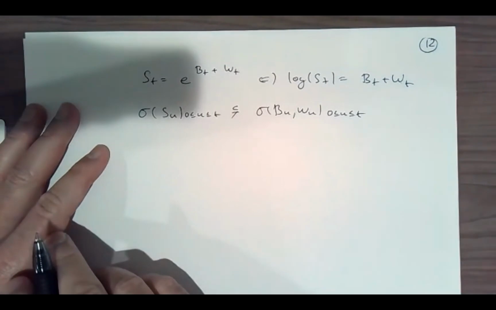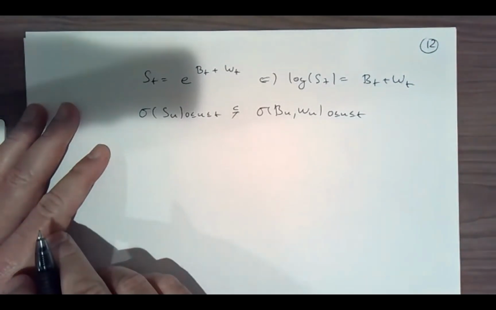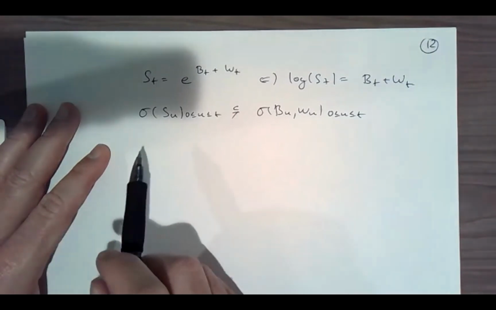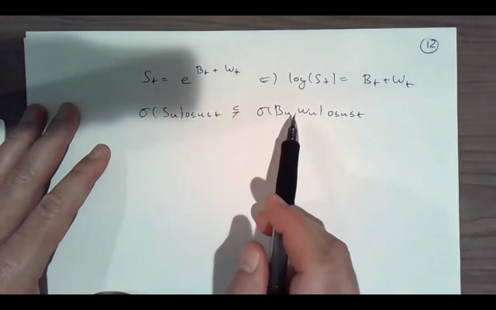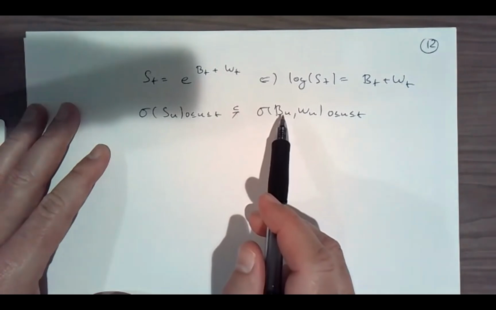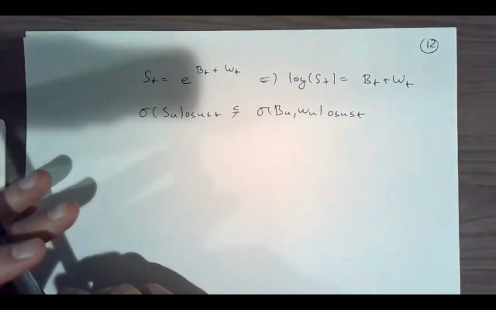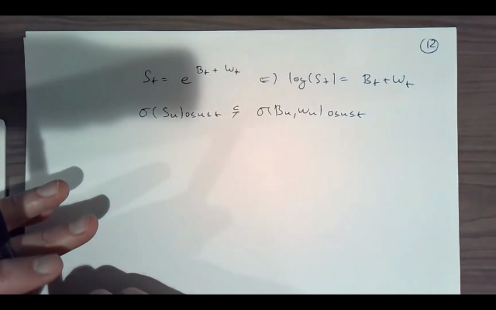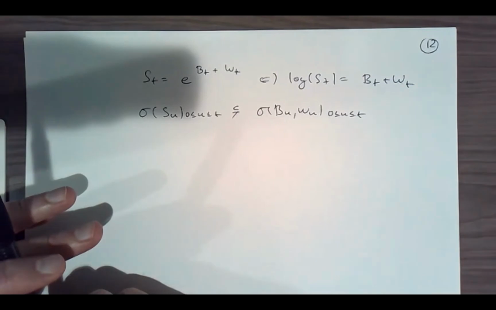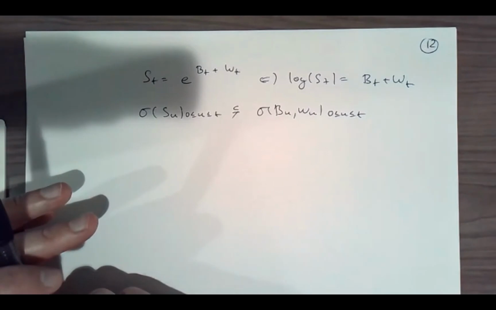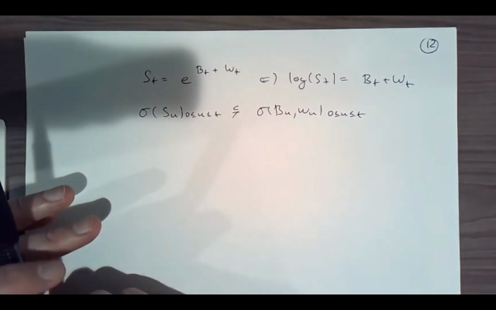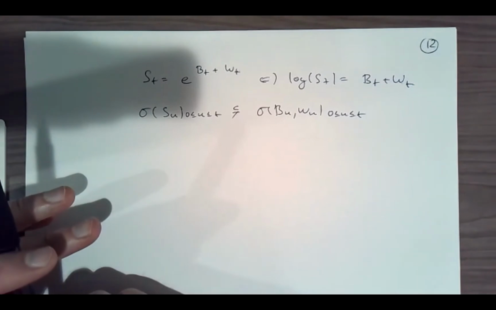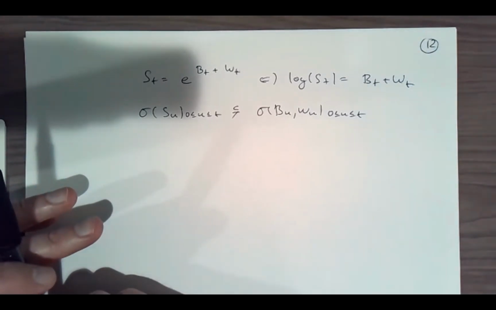Is that reasoning like saying because given the information you have in the sigma algebra generated by S, you aren't able to get all the information about the sigma algebra generated by B and W? That's right. So is it the same thing to just make an argument based on information? Could this sum, or this function, this exponential, could it be the case that there's equality of the sets?